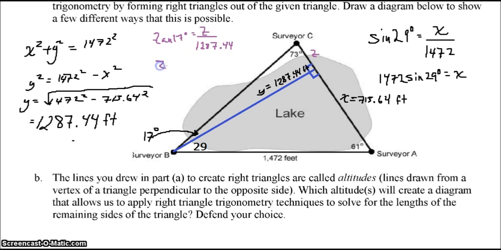That means z, we just multiply both sides by 1287.44, tangent of 17. That gives .449821 feet, which seems totally not correct because I forgot the decimal point.